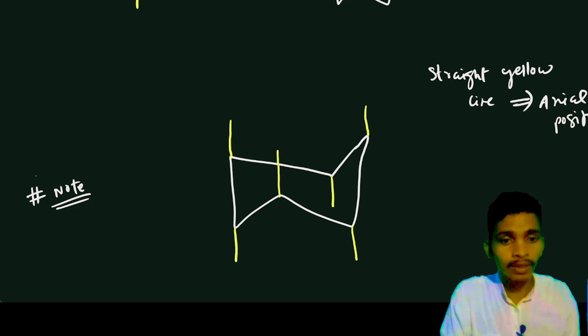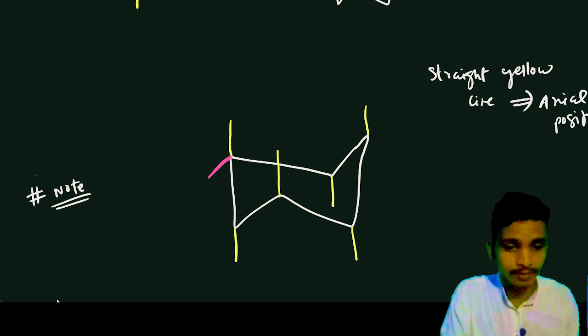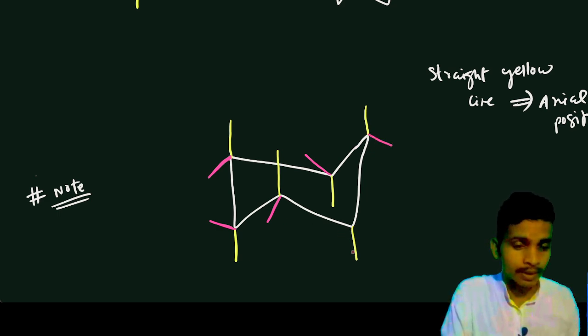Now here, one is above and the other has to be down. If axial is down, then this is the equatorial position. If axial is above, then equatorial is the downside, and this axial is the downside, then equatorial has to be the above side.